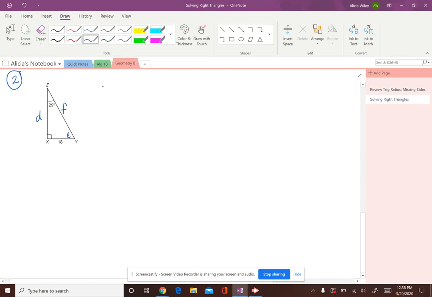All right, so first thing I'm going to do is find the measure of angle Y, which is my value of E, right? That's what I called it, at least. And that one's easy to do because we already know the other two angles, right? So E is going to equal 180 minus 90 minus 29.